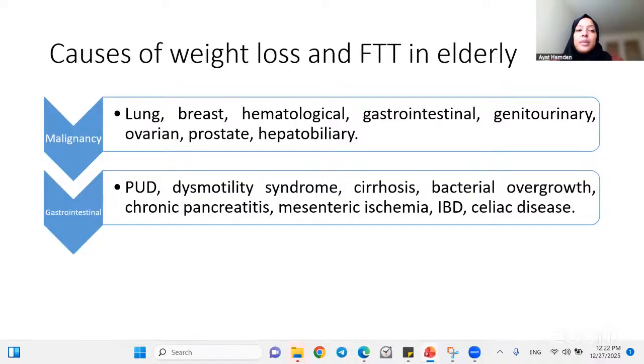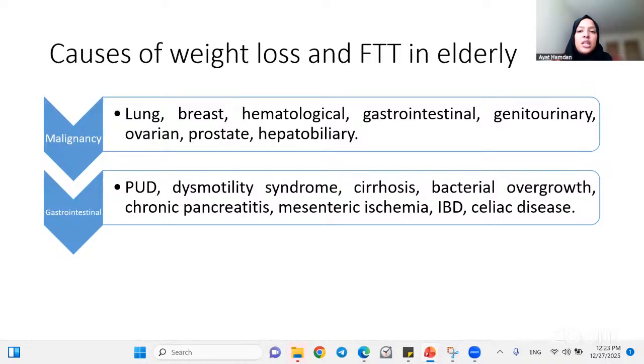For the medical factors, you need to think about a lot of diseases, so it's really helpful to go system-wise. The first and most important is malignancy. While doing the nutrition assessment, remember to check whether cancer screening is due.